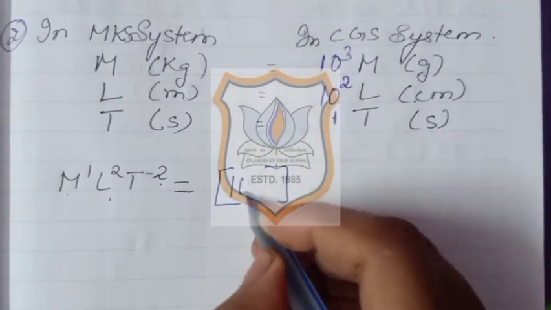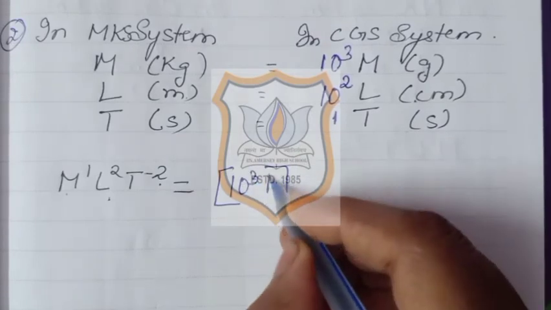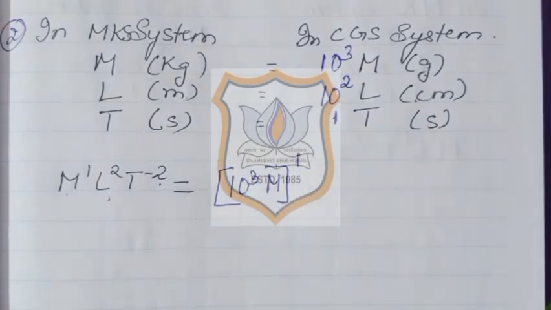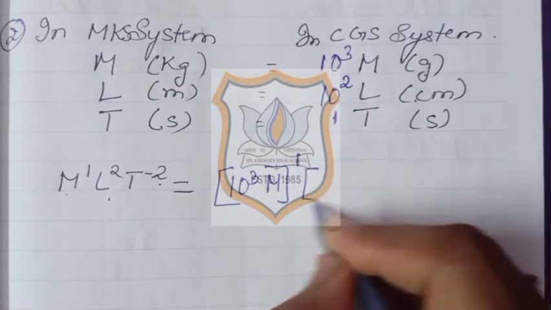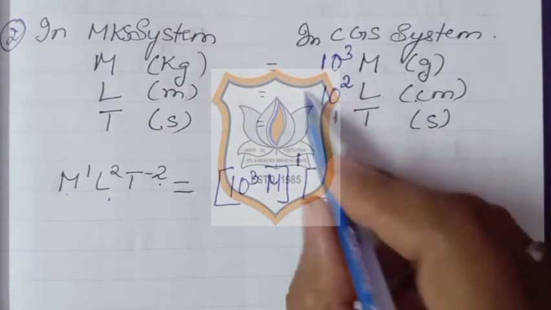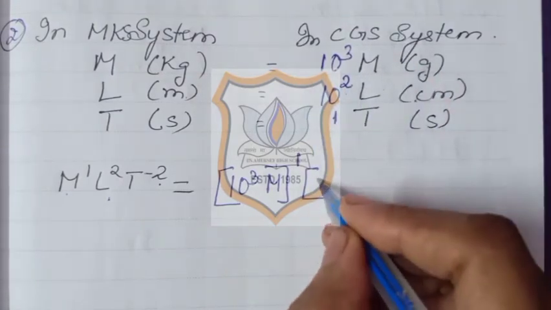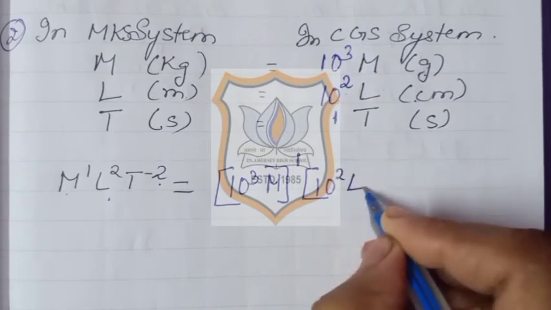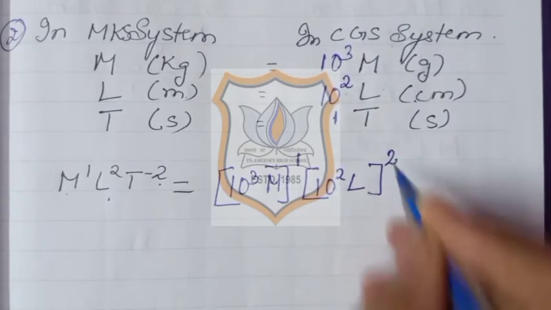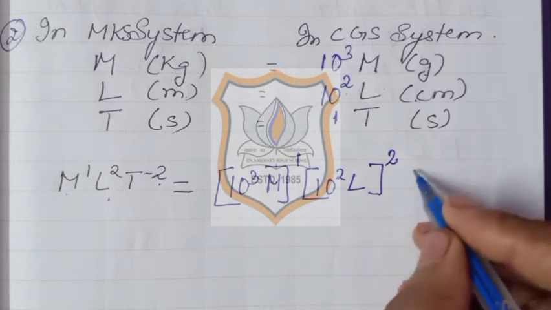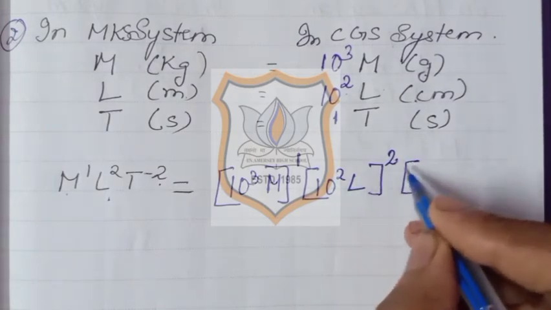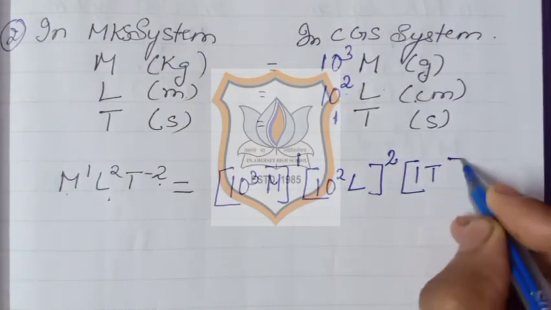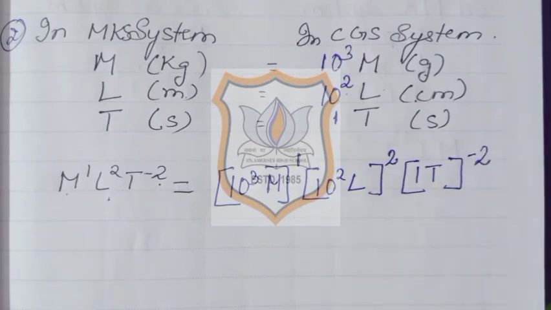So write down 10 raised to 3M and the power is 1. L is 10 raised to 2L in CGS. So you will write 10 raised to 2L and here the power is 2. Then second, that is time is same. So 1T and the power over there is minus 2.